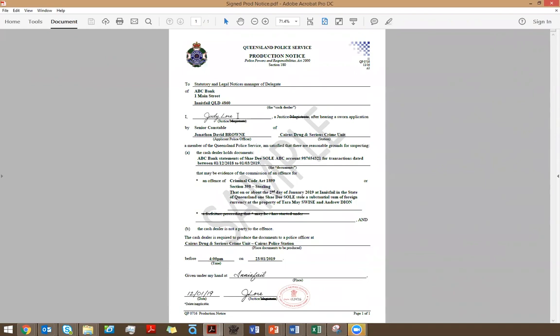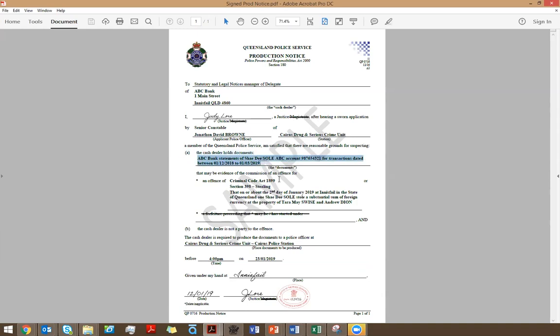Now, you'll see here that this one actually does ask for the justice's name. Okay, so you do actually have to insert your name here as the witness. Okay, and then obviously select your office of appointment. And then again, the offence will be here and what the documents the police officer is looking for.